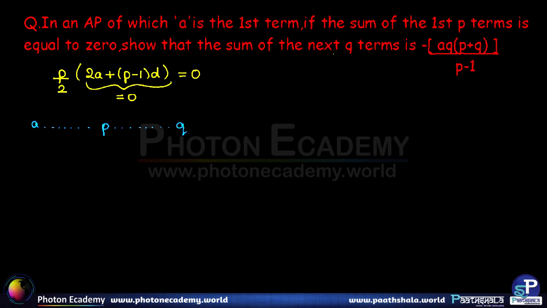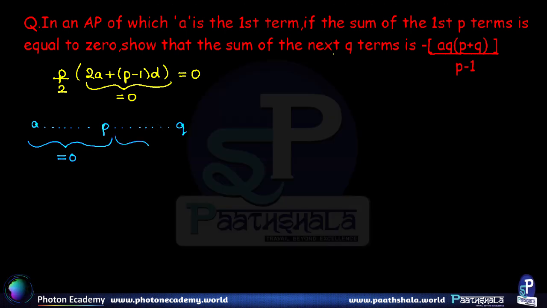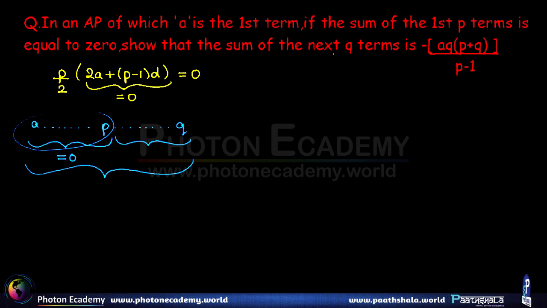Okay, so we know that the sum of this whole thing is equal to 0, and we have to find out the sum of this whole thing. So can we directly just do the sum of this whole thing, because the initial part, like the first part, is equal to 0. So the total number of terms that we have will be P plus Q.